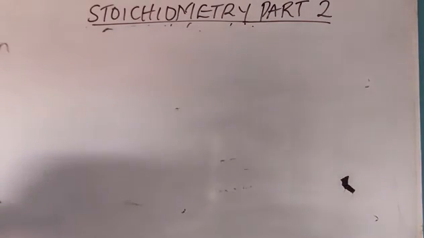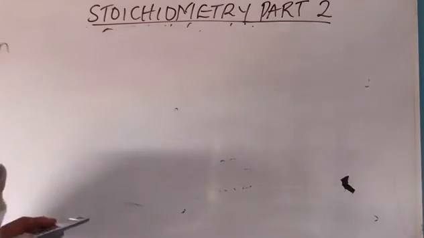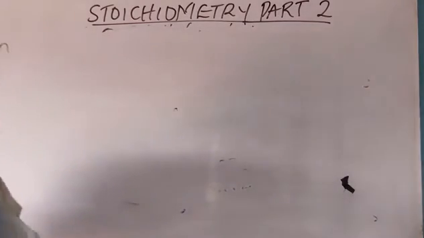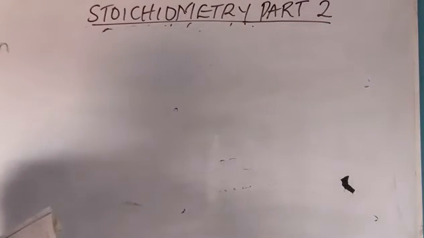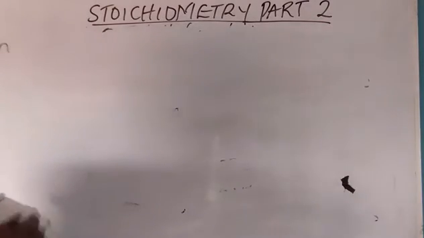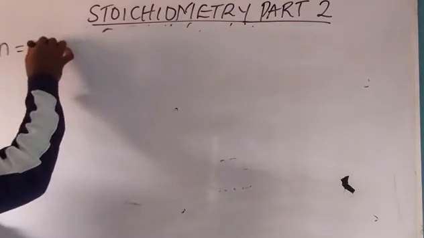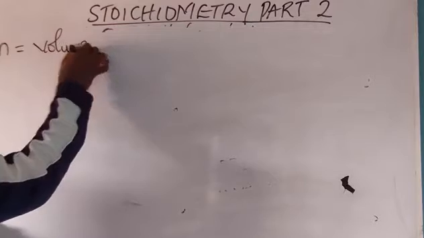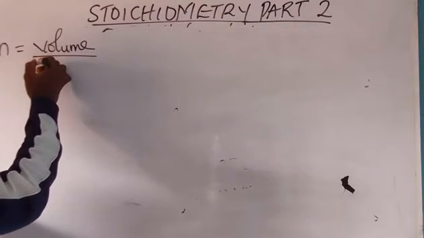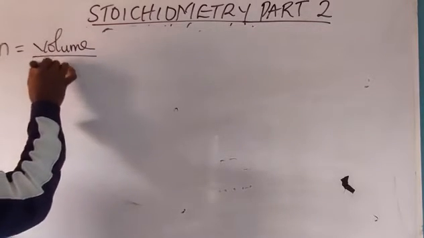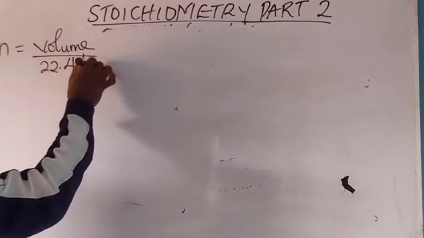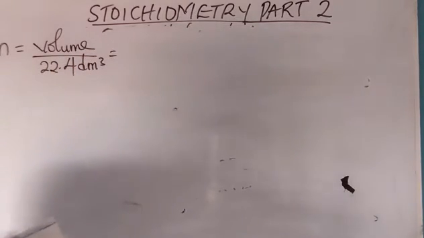So the number of moles at STP, don't forget, is volume over 22.4 dm cube, because the options are in dm cube.